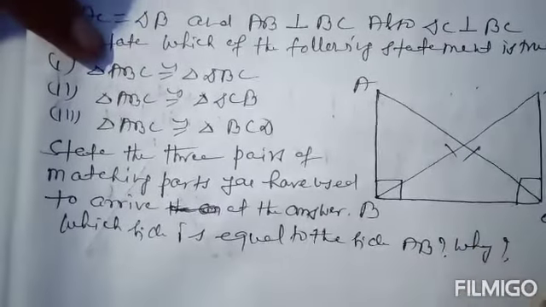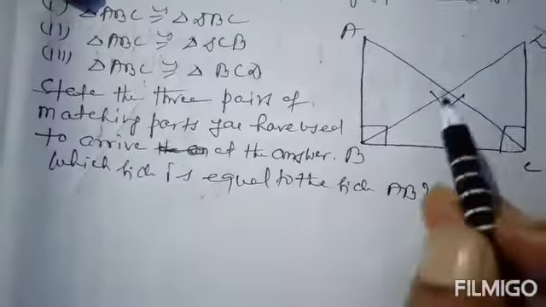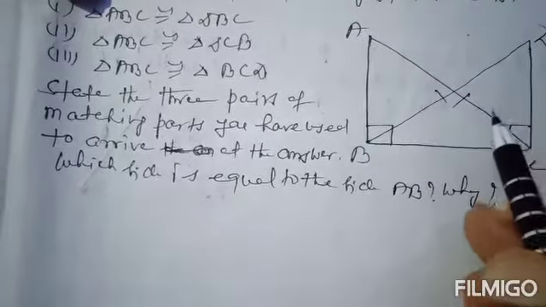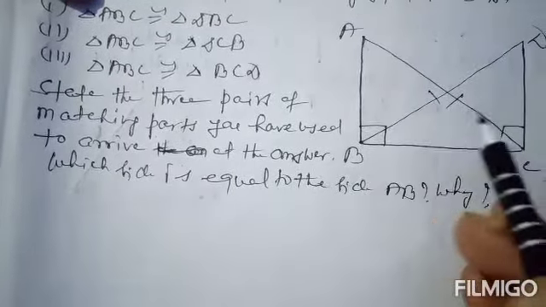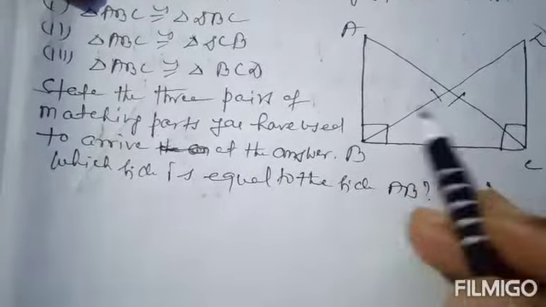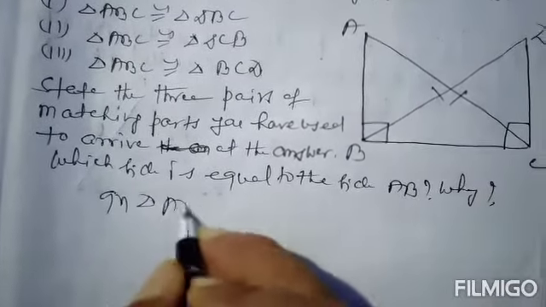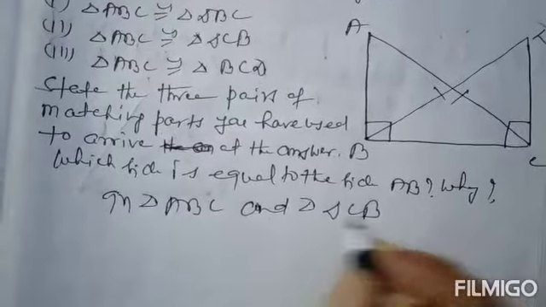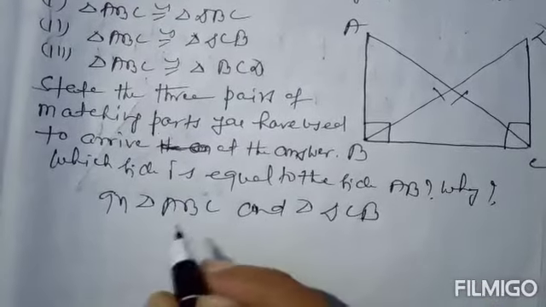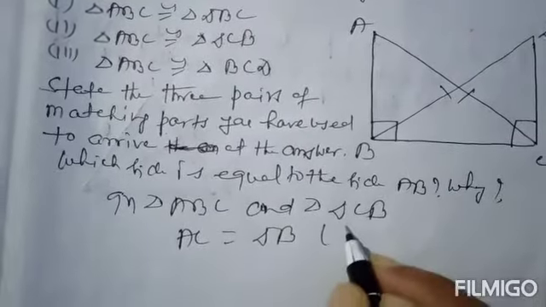First of all, we have to show that triangle ABC is congruent to triangle DCB. So in triangle ABC and triangle DCB, AC is equal to DB, given.